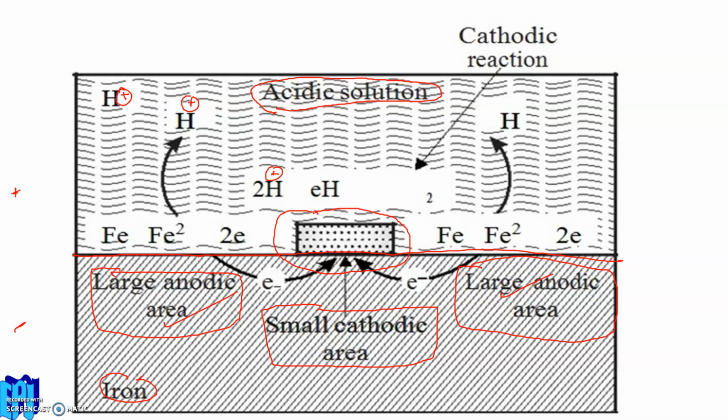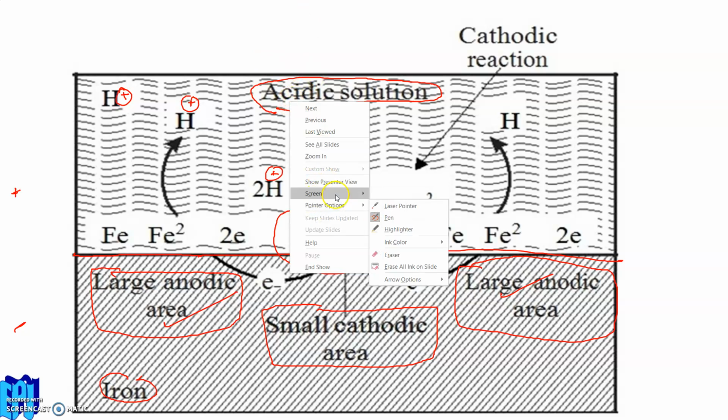Some doubts may be raised. So how does it happen? The anodic area is large and the cathodic area is small. I will explain using another figure, and I will draw a picture.